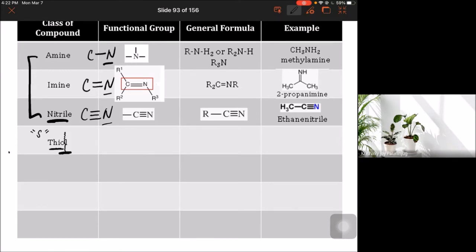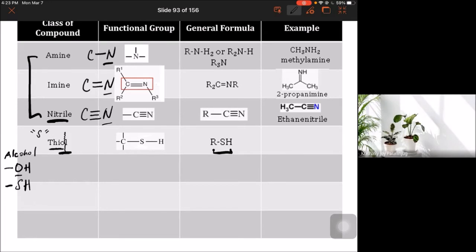Alcohol has the functional group OH, while thiol simply replaces oxygen with sulfur, making it SH. So instead of ROH for alcohol, you replace oxygen with sulfur, making it RSH.